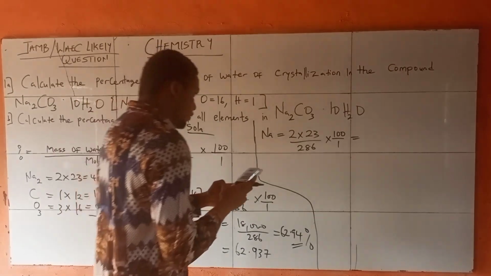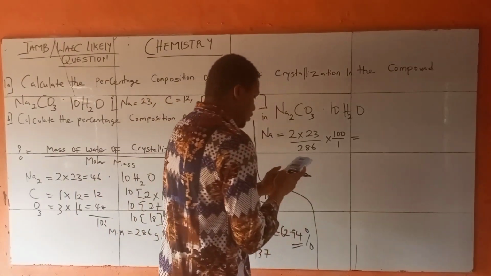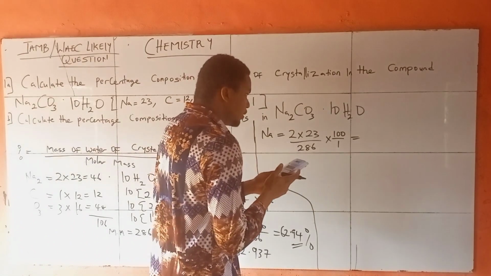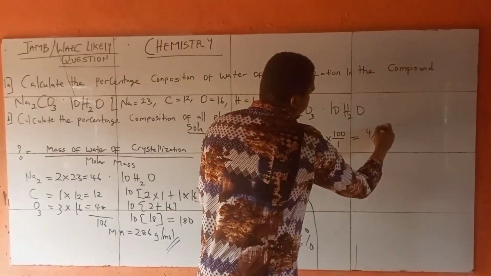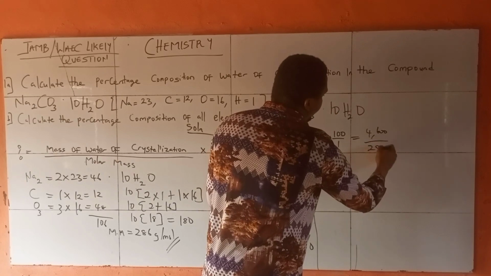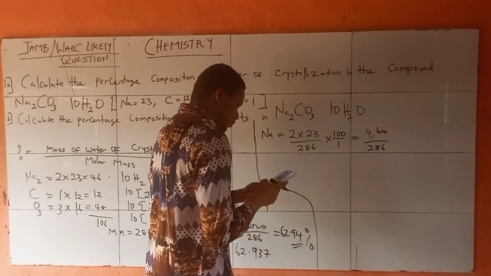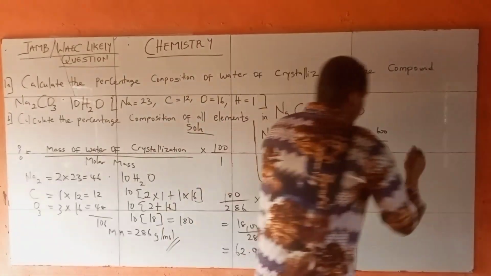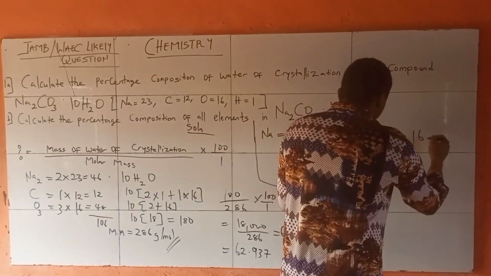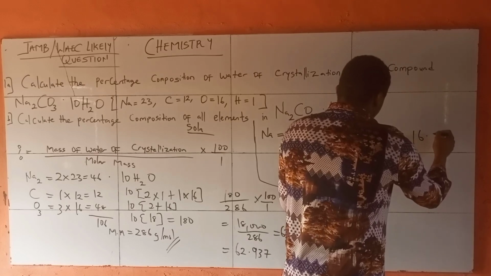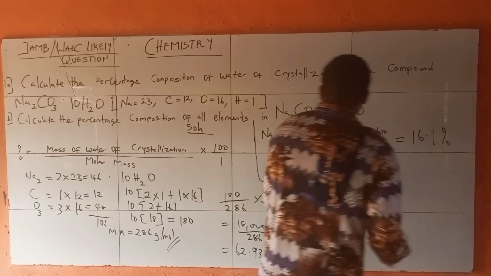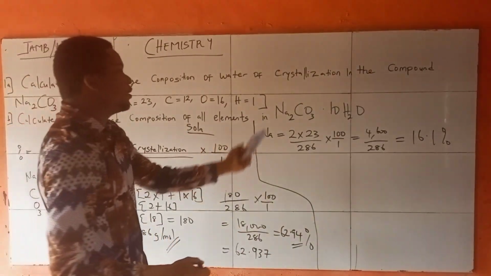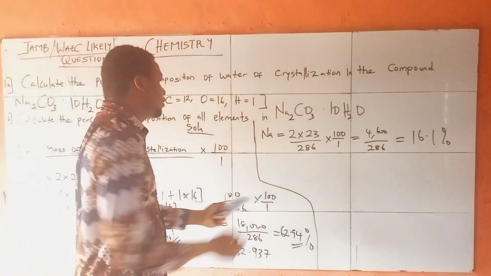Yes. 46 times 100. That's 4,600. 4,600 over 286. This will give us 16.1%. That's for sodium. It said calculate the percentage composition of all the elements in sodium carbonate.